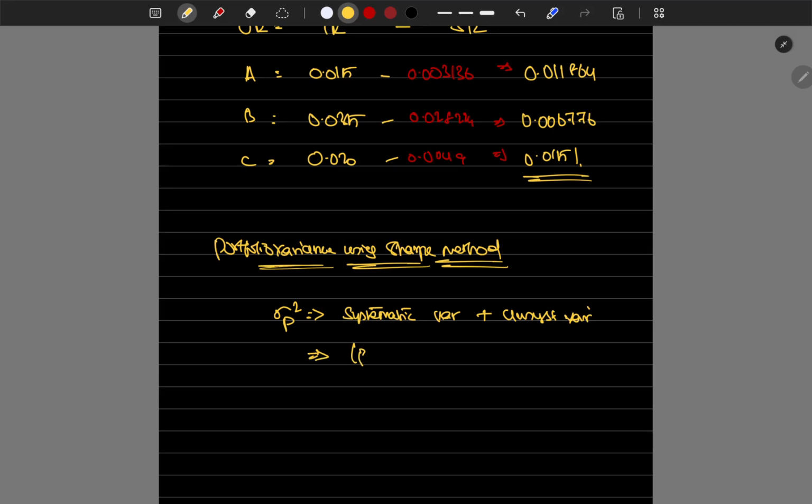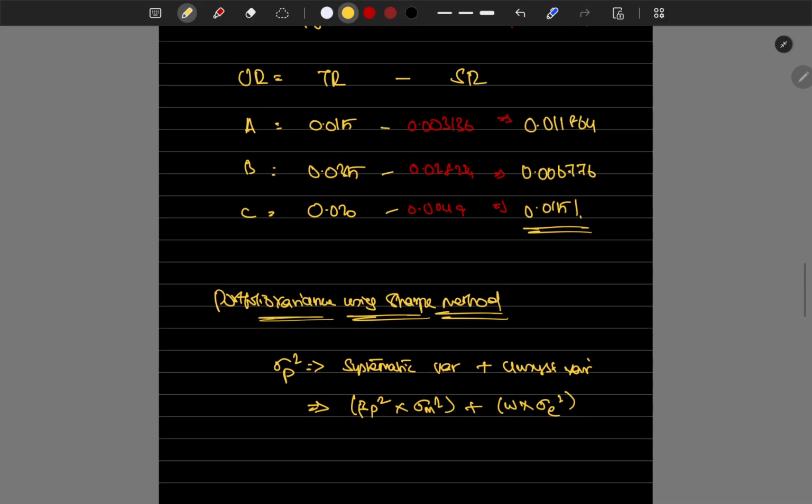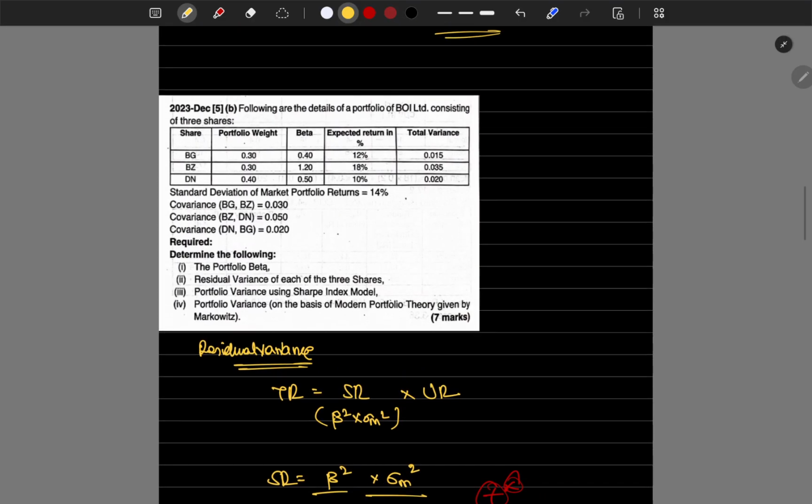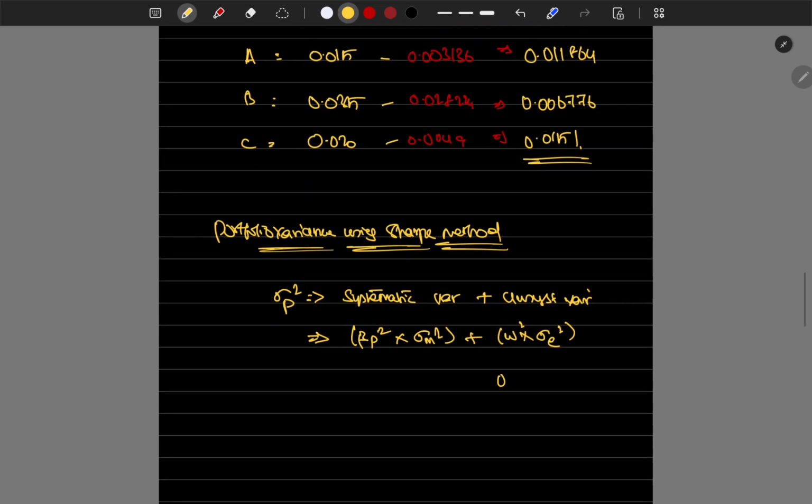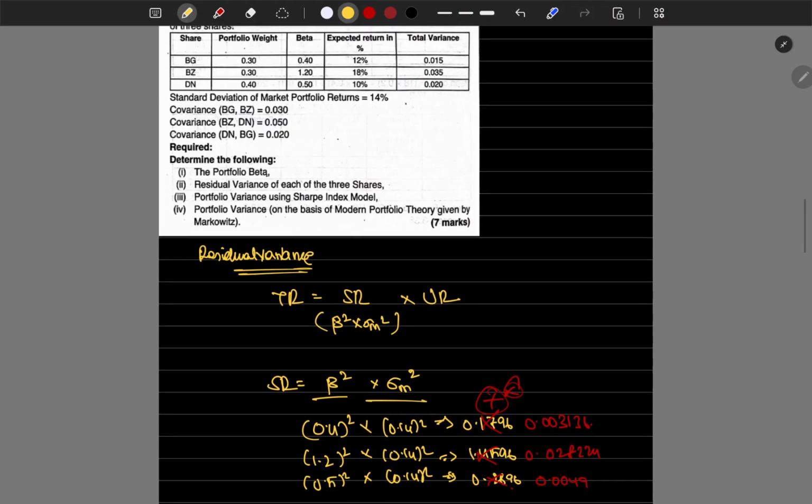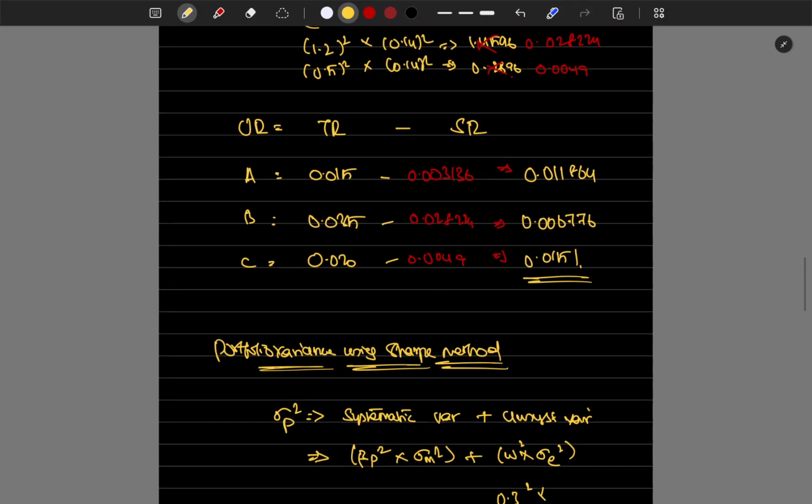Same formula, but here we are going to use the portfolio beta into sigma market square plus weight into sigma e term, right? So what's the weight? We have to square it. 0.3, 0.3, 0.4.